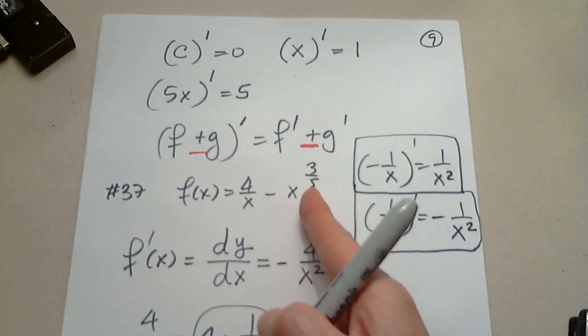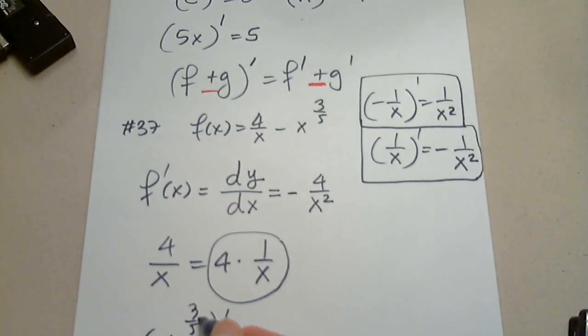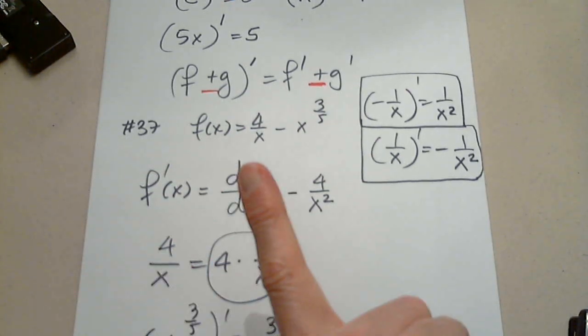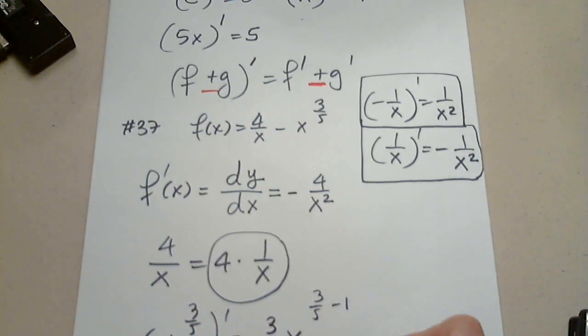Now when I differentiate this is ugly because I have x to 3/5. And by the power rule, I have to bring 3/5 in front and subtract 1 from 3/5. Let's write it as 3/5 minus 1 first. So I have 3/5. And 3/5 minus 1, remember you have the least common denominator. So 3 minus 5.